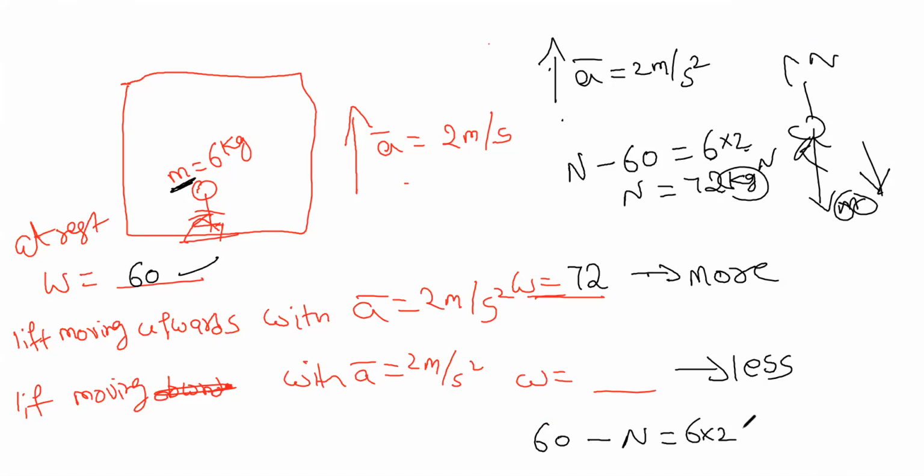Now, that implies that normal force we get as 60 minus 12. That is 48 Newton. Understood? So always you have to take the acceleration of the total system.